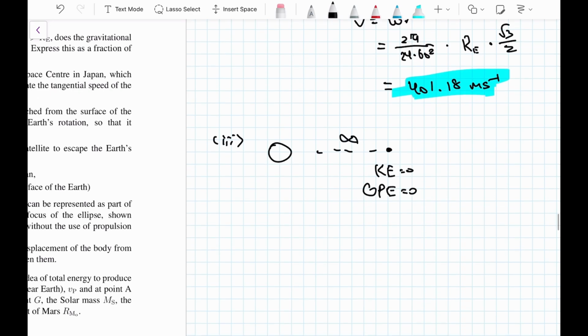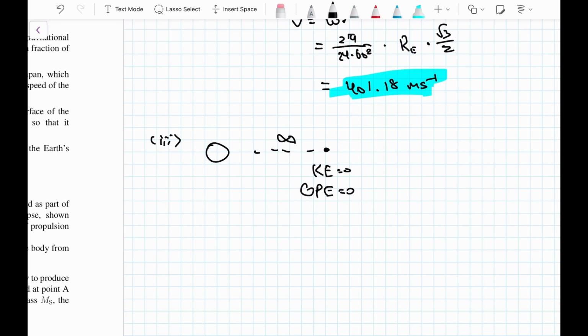So the total energy is equal to 0, which is equal to the initial conditions: a half mv squared for the escape velocity, plus the gravitational potential energy, which is negative GMe m over Re.